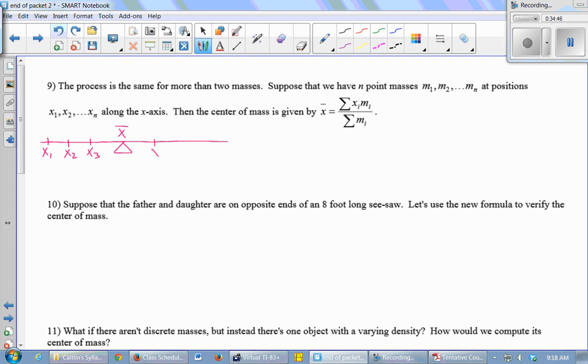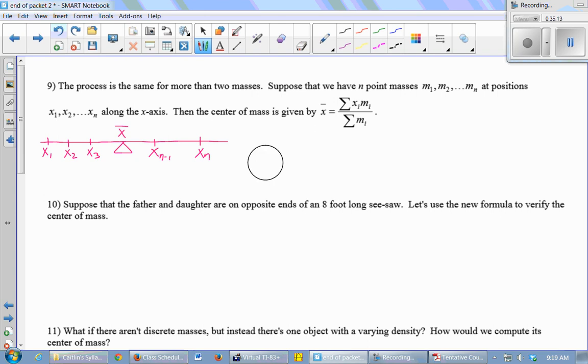And then x whatever, n-1, x sub n, right? So my moments have to all add up to 0. So I have to take each point's displacement from the pivot, add them all up, multiply by the mass, add them all up, and that will give me x bar, right?